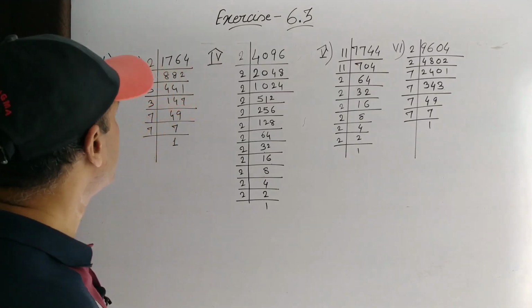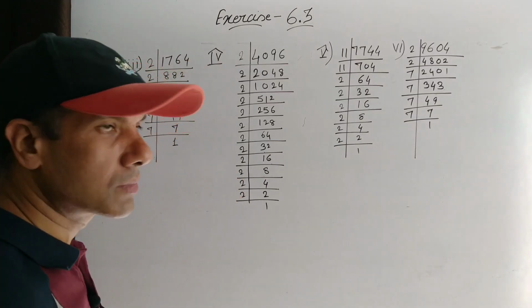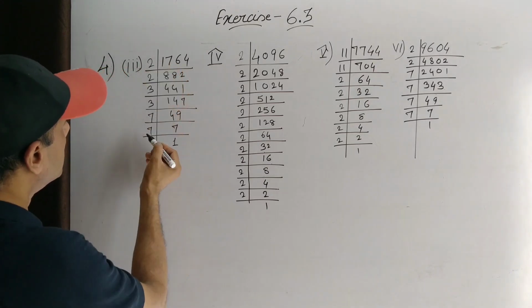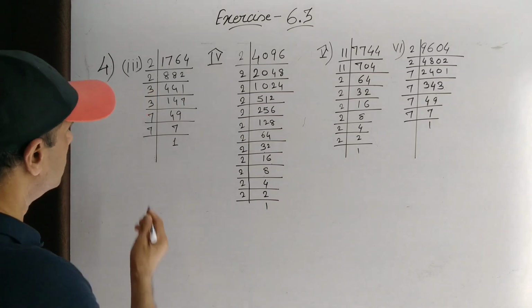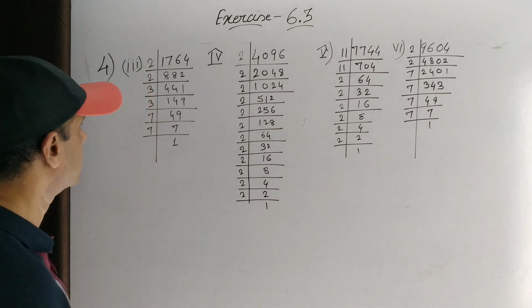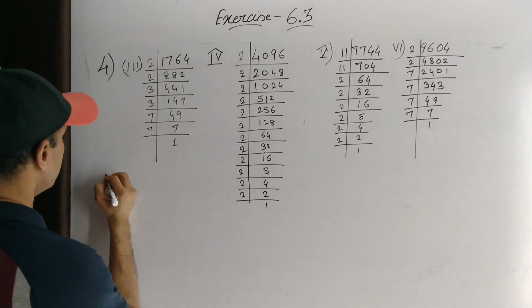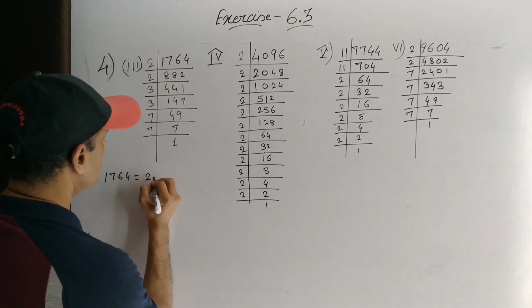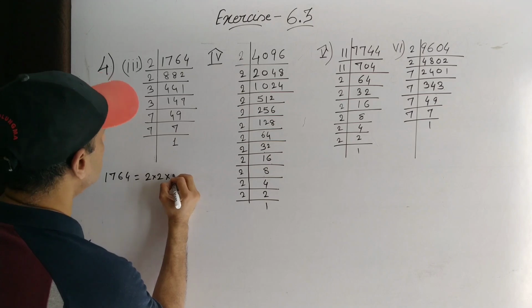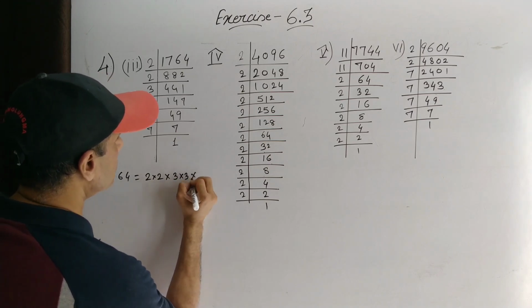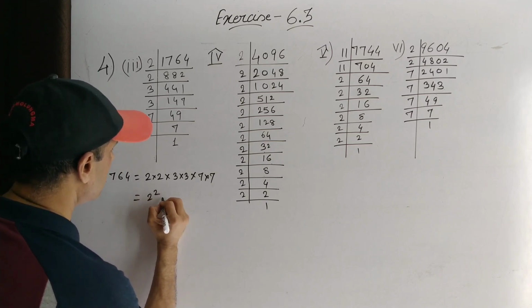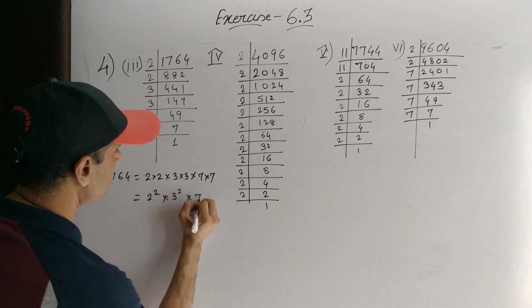Moving on, in order to save time, I have already found the factors of this number. Let's find the answer. As you can see, 2, 3, 7, they are all prime numbers. So we have derived the prime factors. So we can write 1764 is equal to 2 into 2 into 3 into 3 into 7 into 7. So we get it as 2 square into 3 square into 7 square.